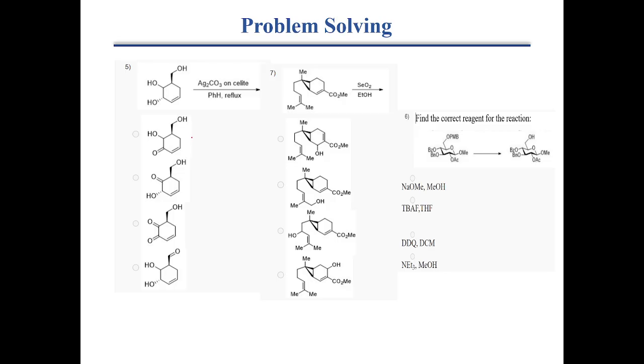So the next question is Ag2CO3 on Celite. So there are three types of alcohol. This is allylic, this is secondary, this is primary.